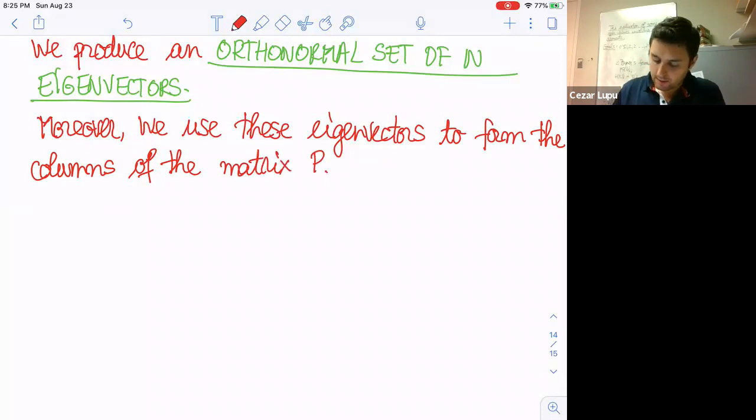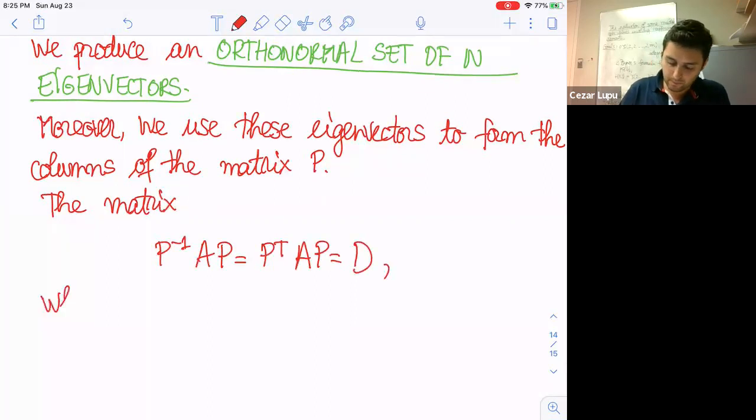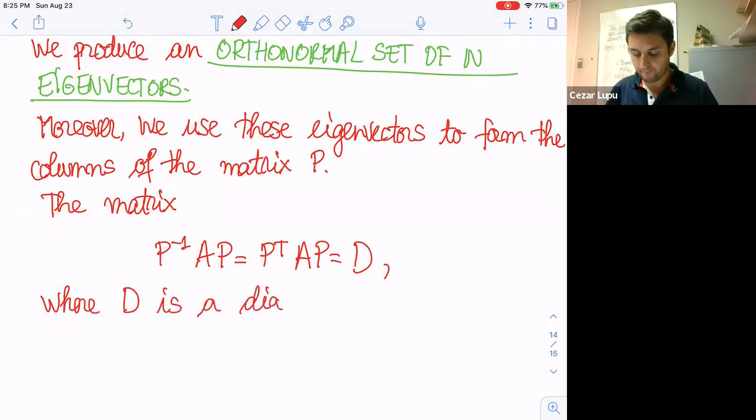Okay. This matrix, P inverse times AP, which will be a diagonal matrix, which will be equal to P transpose times AP, will be equal to D, where D is a diagonal matrix.